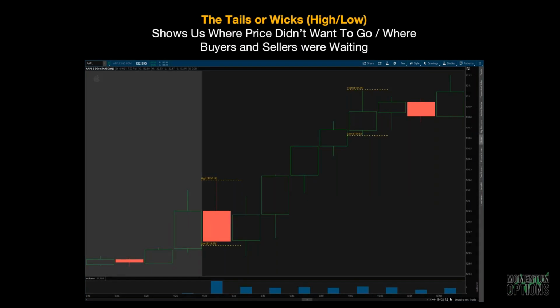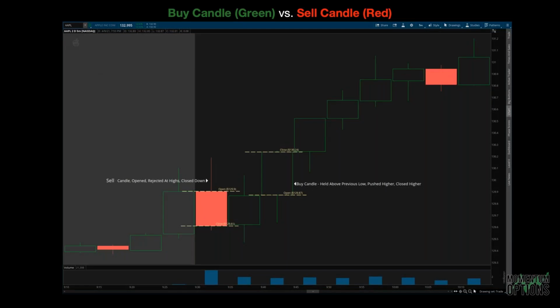And we can also see that we had some rejection near the high on that buy candle as well, which acted as resistance for a little bit. We can see the next few candles had trouble getting above that 131.06 spot. So it helps us identify areas of resistance even.